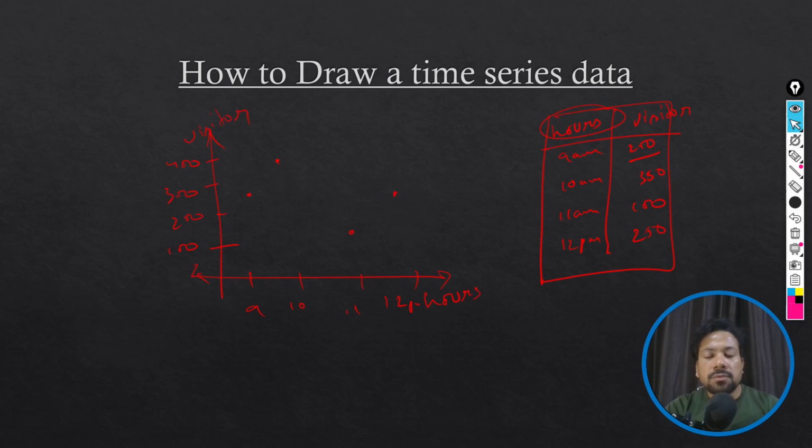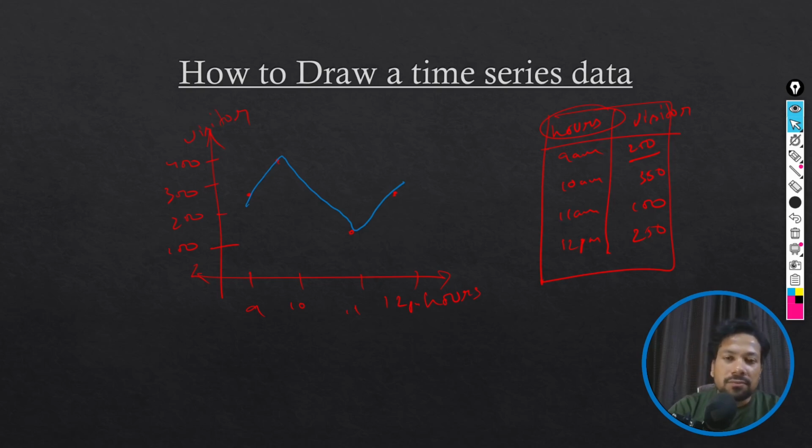Okay. Now this kind of plot is known as a scatter plot, but in time series data we always have to draw a timeline plot. Now you have to connect these points with a line, like that.